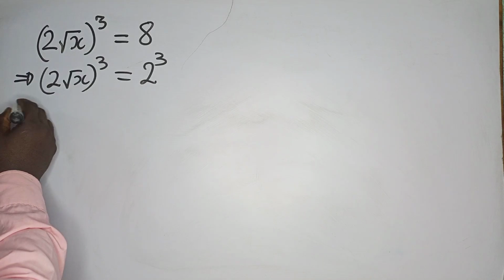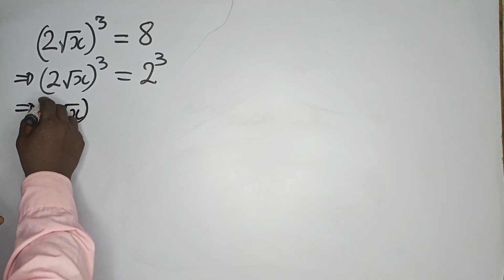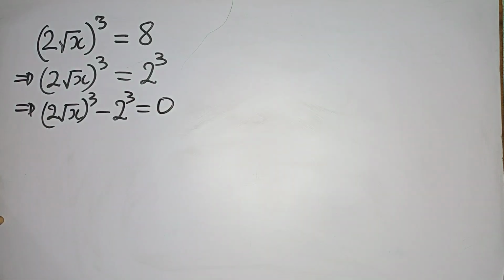Let's go ahead and do that. So we have (2√x)^3 - 2^3 = 0. Now the left hand side is a difference of 2 cubes.